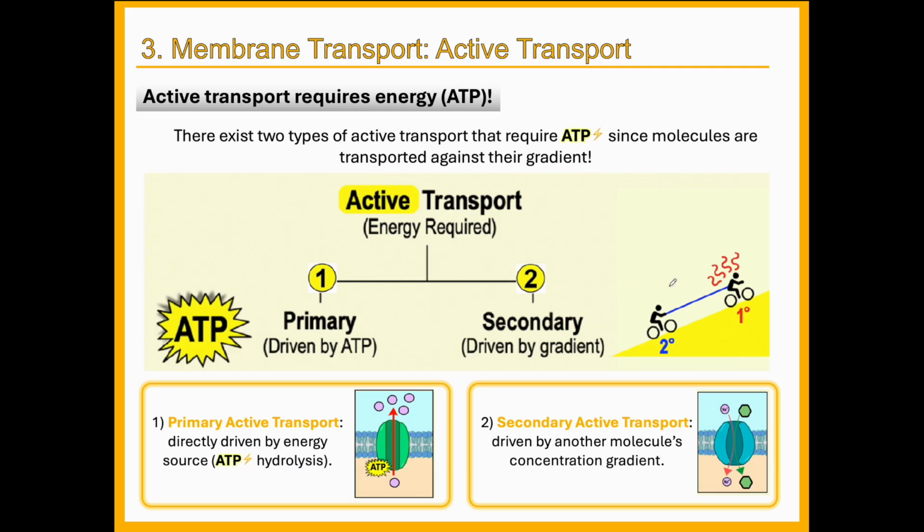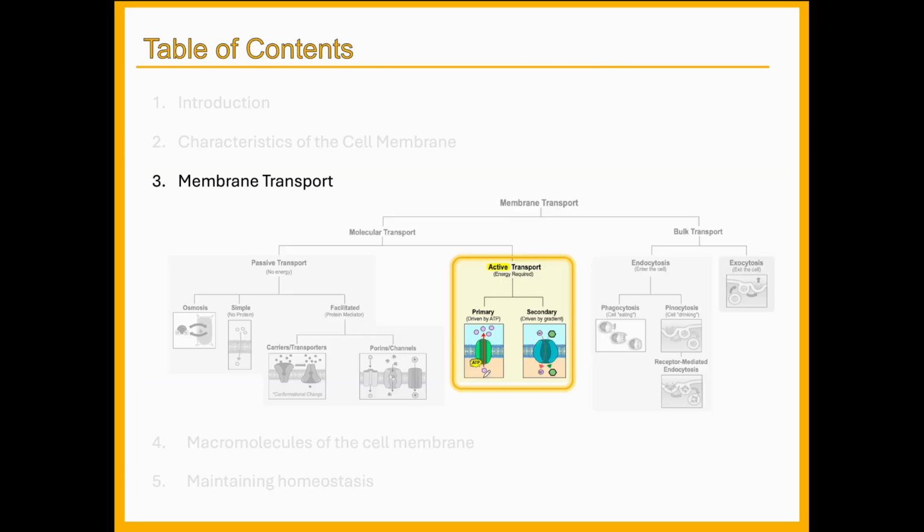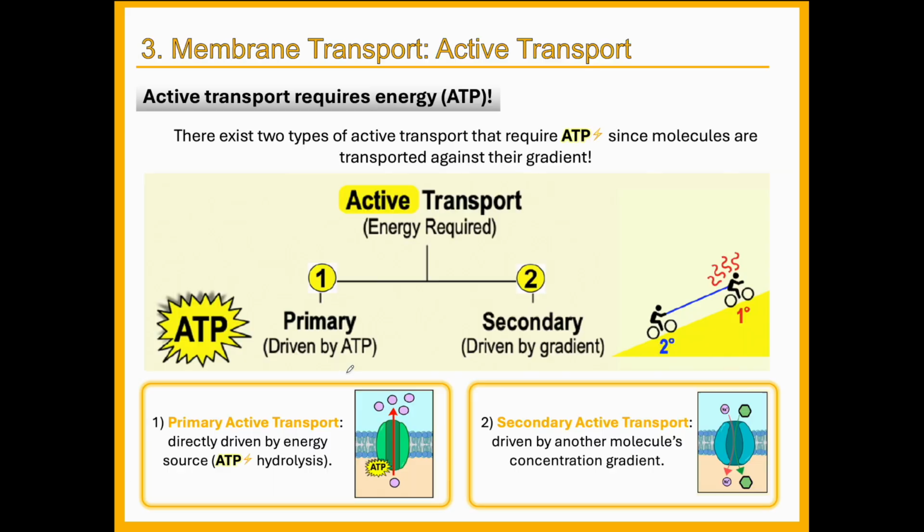All these diffusions that we saw in the passive transport, right? They were going down the hill. But active transport actually is going up the hill and requires some energy, right? We need ATP.